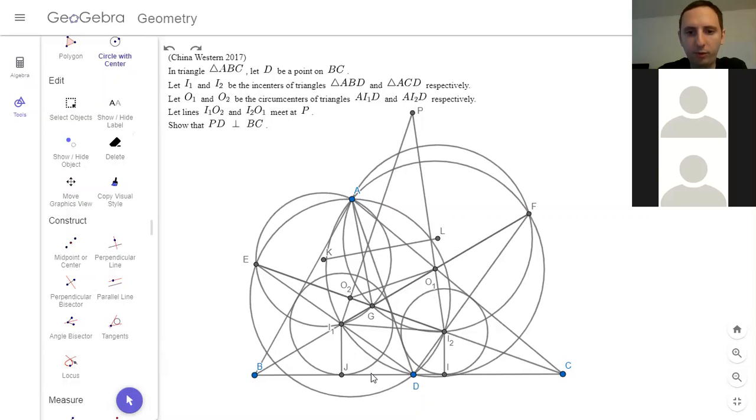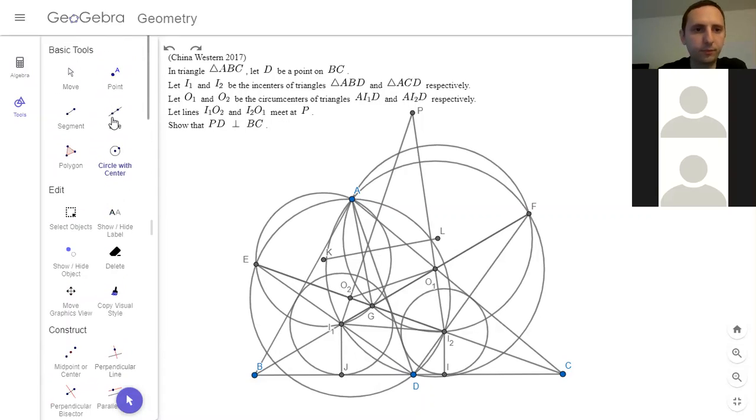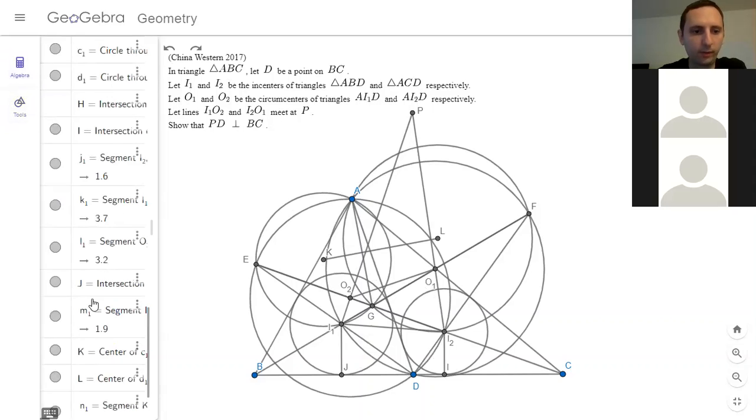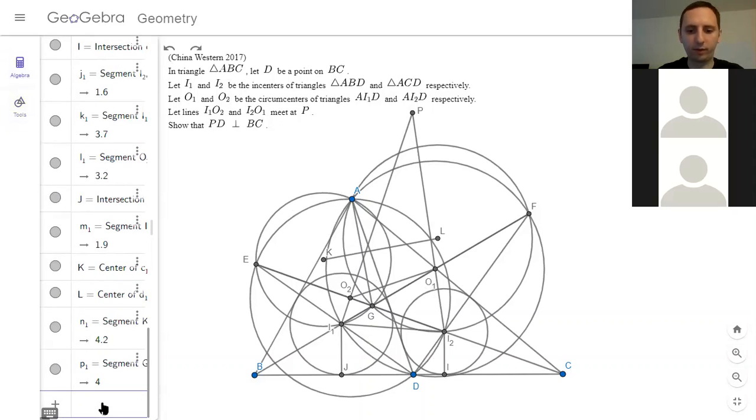So yeah, maybe we should draw the incircle of ABC. Maybe there's some kind of homothety. Let's see. Because we haven't really used much that G is the incenter.